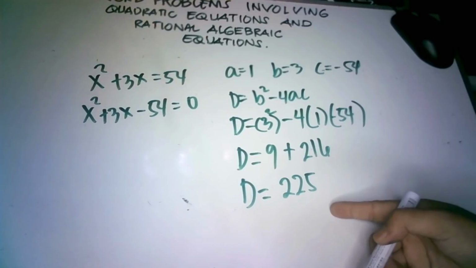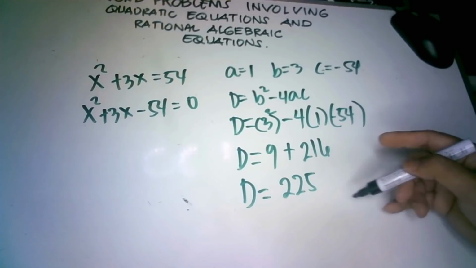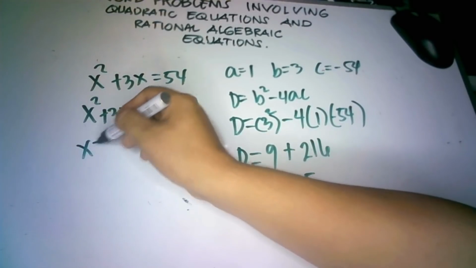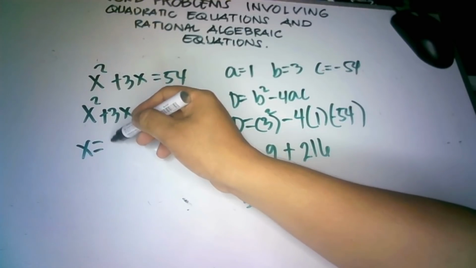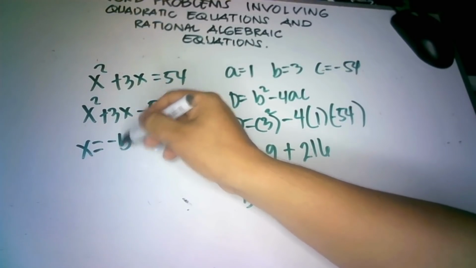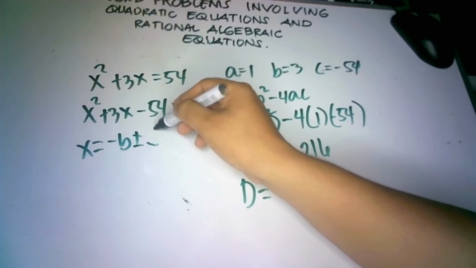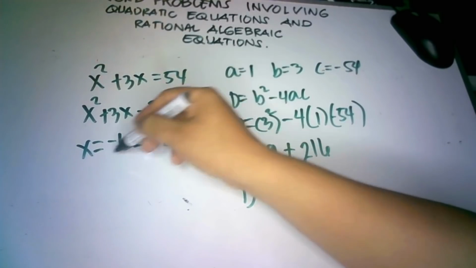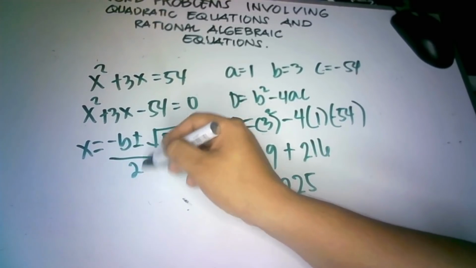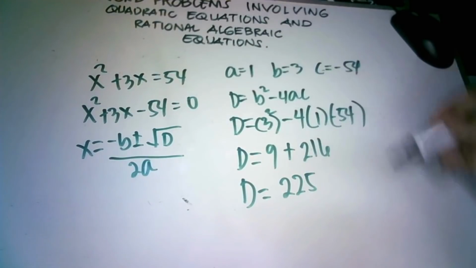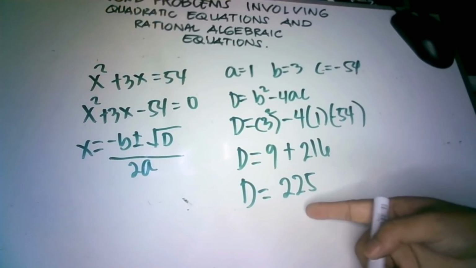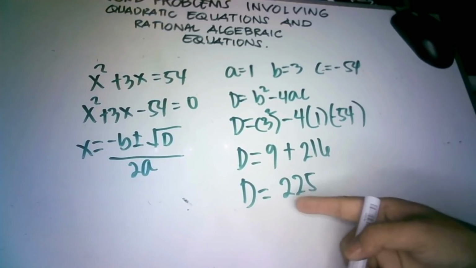So we can now solve using the quadratic formula. This is the quadratic formula: x equals negative b plus or minus square root of D over 2a. This one is the discriminant. So it is clear that we have two values of x which are not equal.